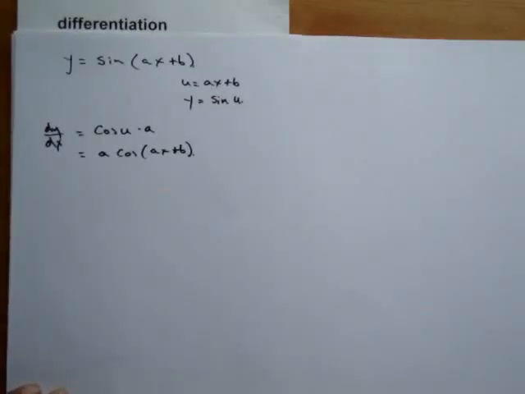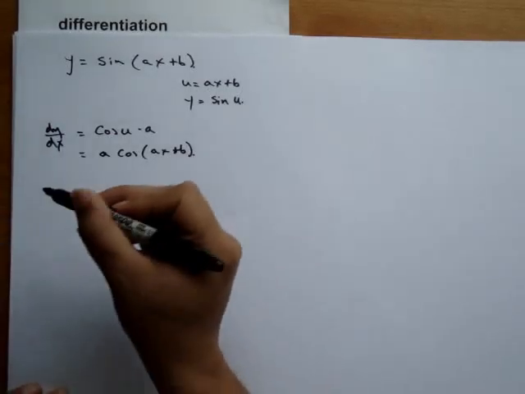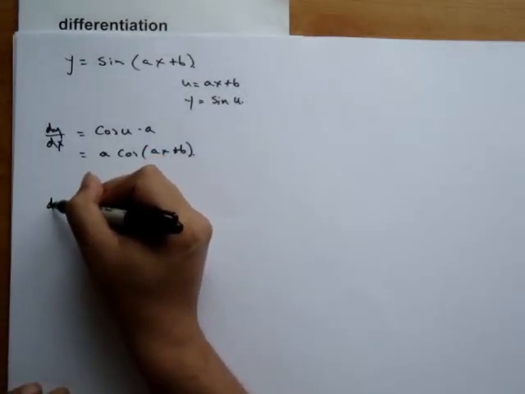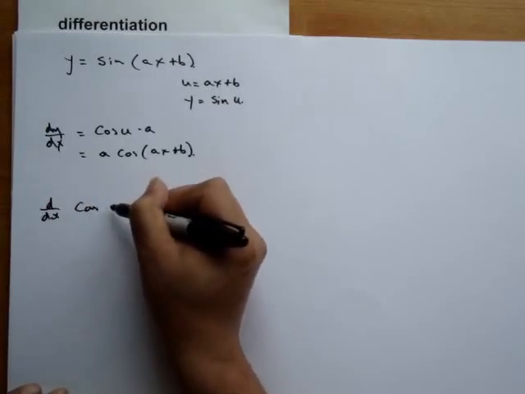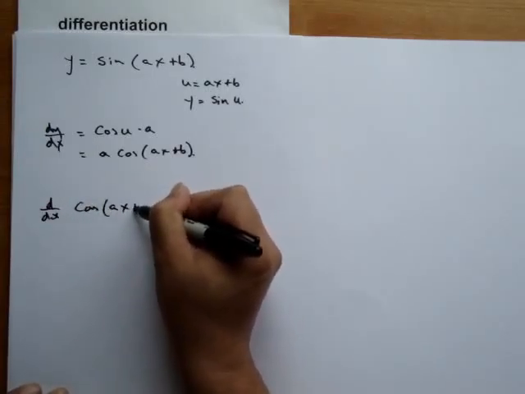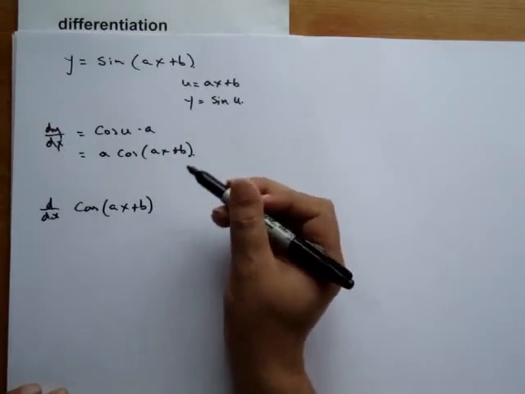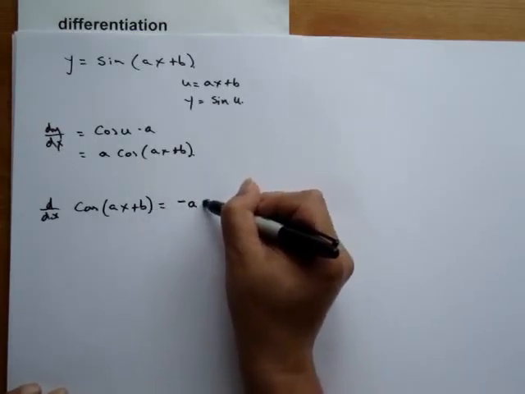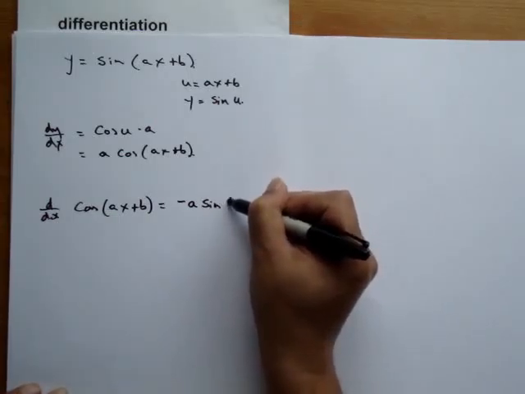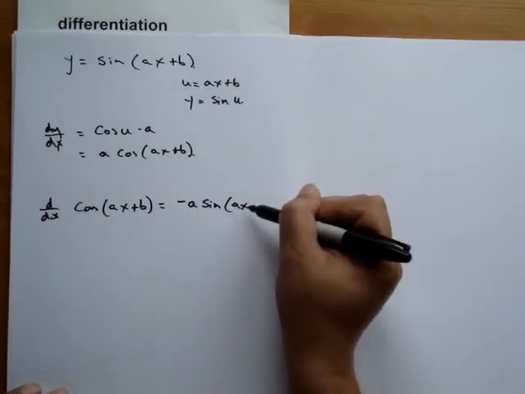But this rule applies to some other functions, say d by dx of cos ax plus b, and that becomes minus a sine, and then what's in the brackets remains the same.